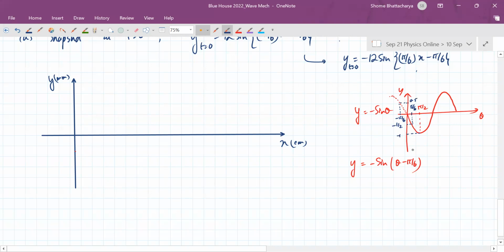The whole graph will shift. This graph will be like this. So at theta equal to 0, the value will become plus half. And at theta equal to pi by 6, this point will shift here.